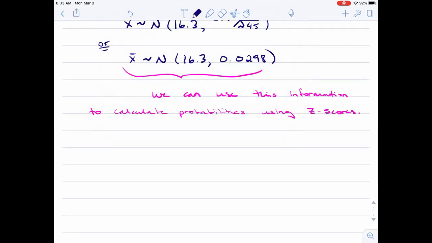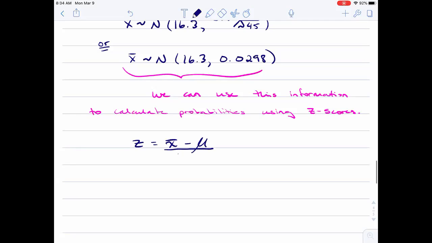On your formula sheet it's going to be there, but even if you don't have it, it's not that crazy. Z equals, instead of X, we're talking about X bar, minus the mean, which is still mu. How far is your sample mean from mu, your population mean?